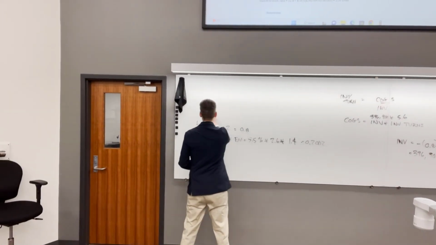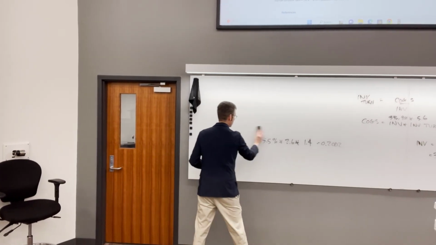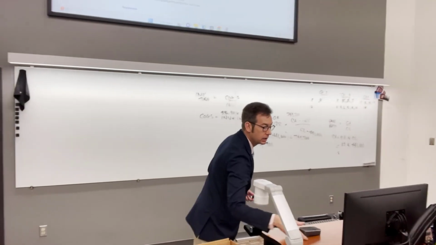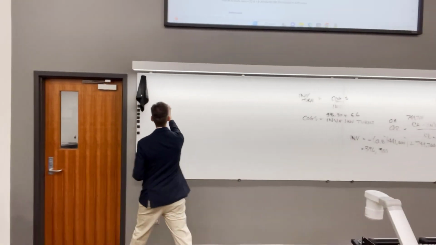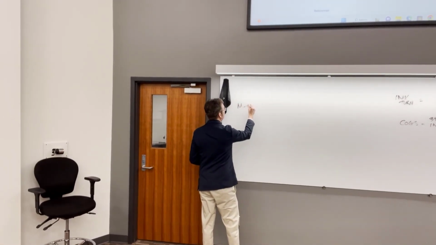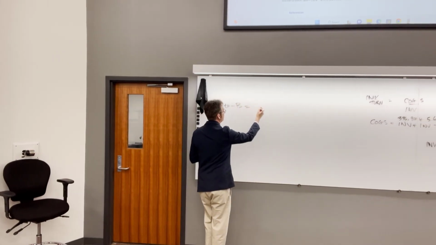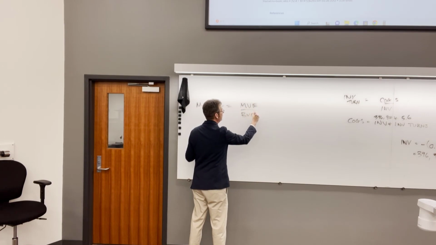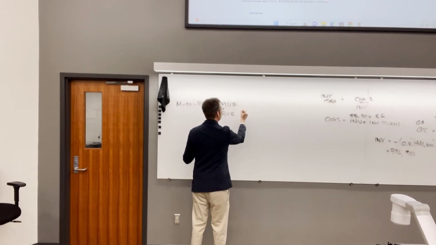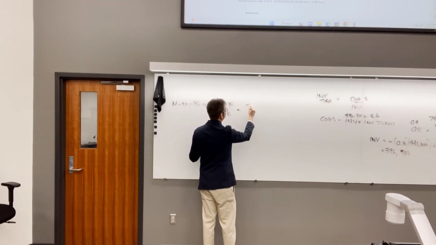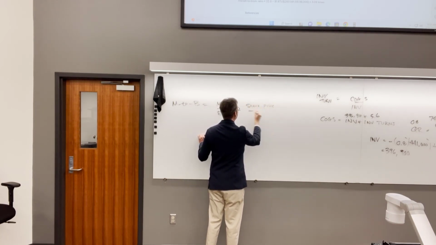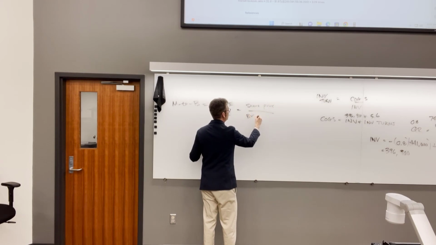Okay, so as before, start with the question. And the question is, what is the market to book ratio? That's going to be the market value of equity divided by the book value of equity, which is also going to be the share price divided by the book value per share.